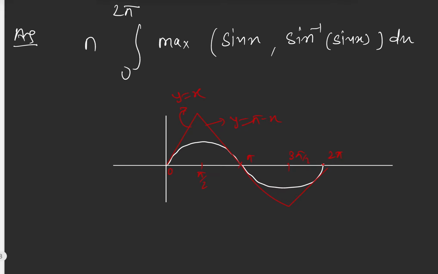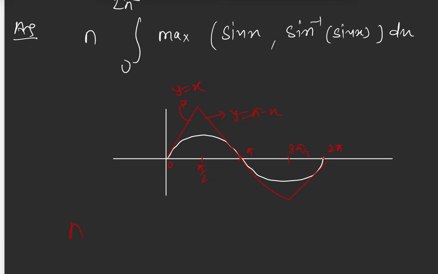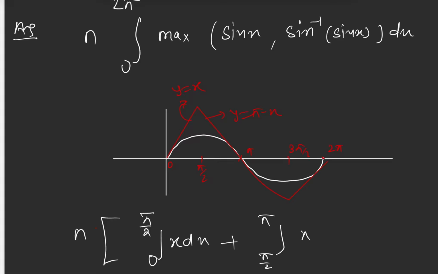So now our integration got solved. It is n into: now 0 to pi by 2, my integration is x dx, plus pi by 2 to pi, my integration is pi minus x dx.